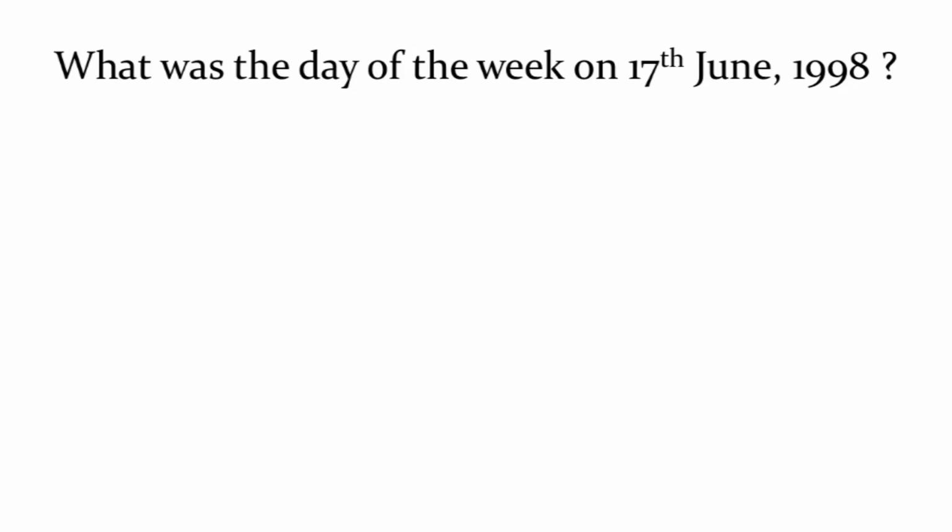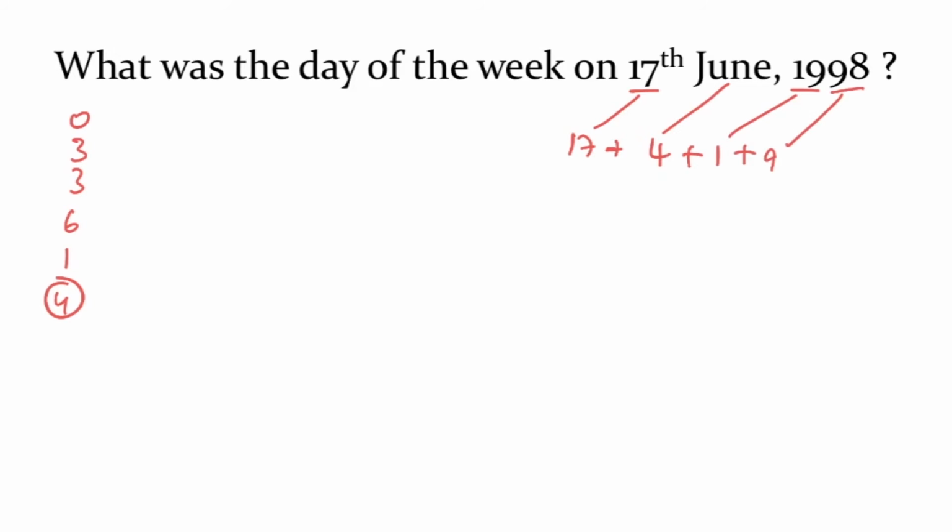What was the day of the week on 17th June 1998? 17 plus June month code 033 614 4 plus century code 1, 97 years completed, plus number of leap years, 98 divided by 4, 24 times 4 is 96, 24 leap years are completed.